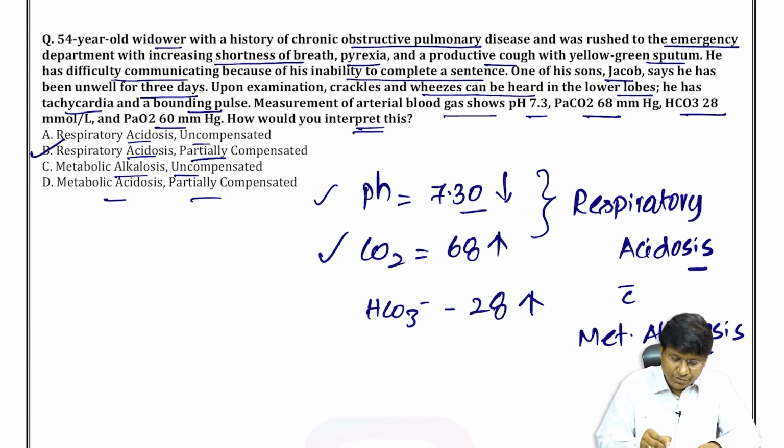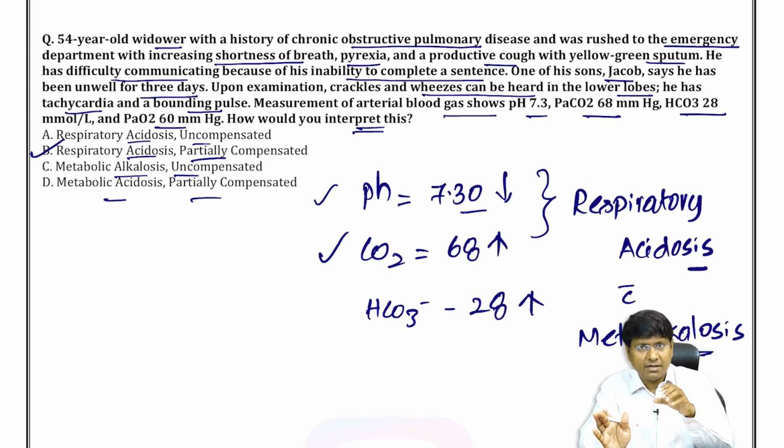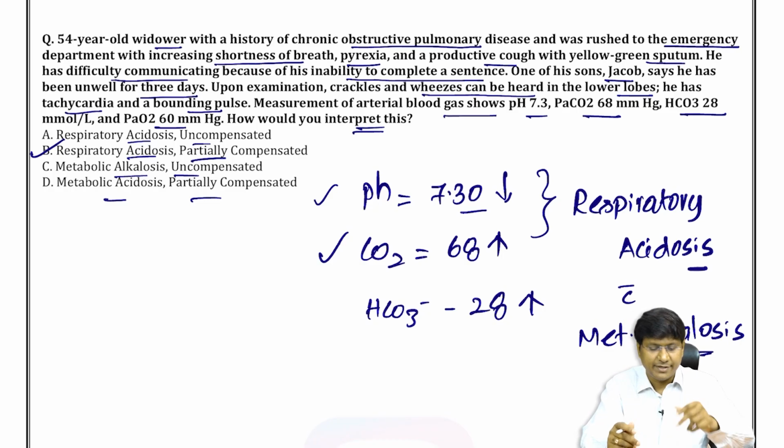Why am I using this word partially compensated? I will take the same clinical scenario and give it to you in 3 different ways, and we'll discuss when to say partially compensated, when to say uncompensated, and when to say fully compensated.